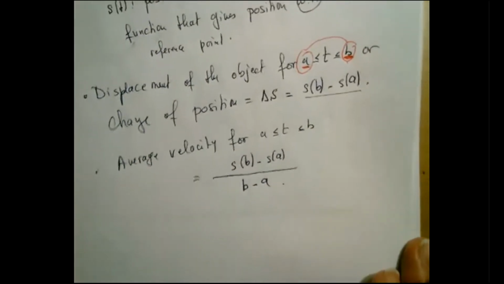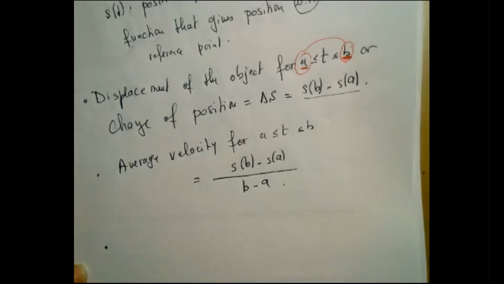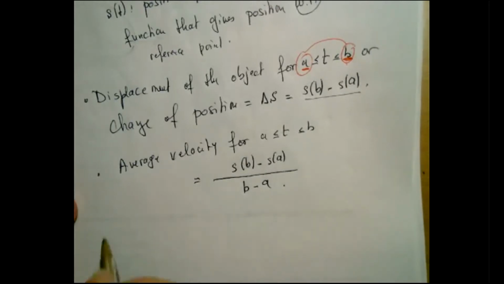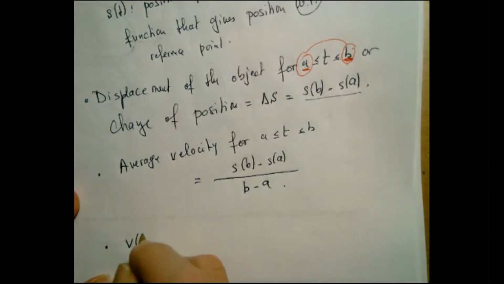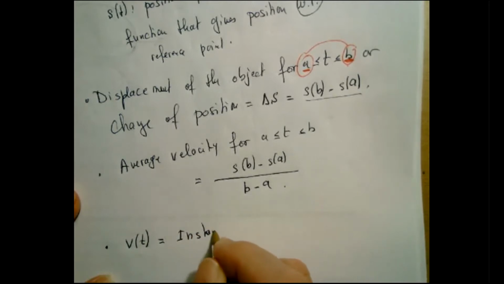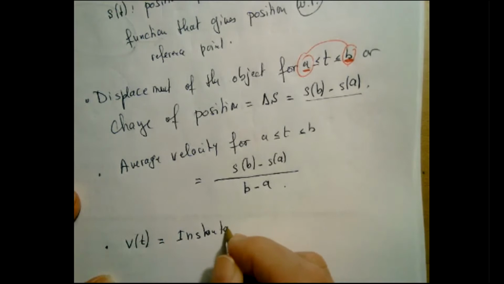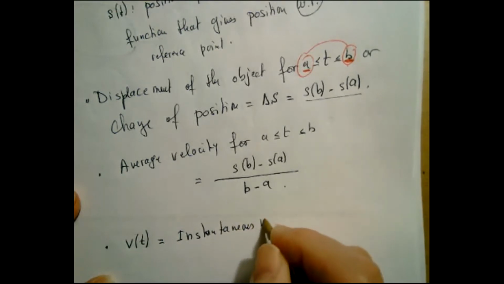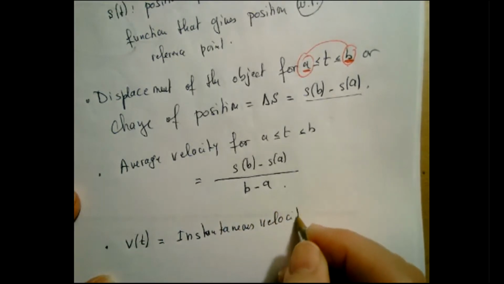Okay. And finally, the instantaneous velocity. It means the velocity at a given moment in time. So the velocity, sometimes called instantaneous velocity, is at a specific moment in time.